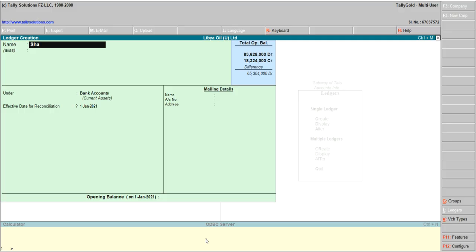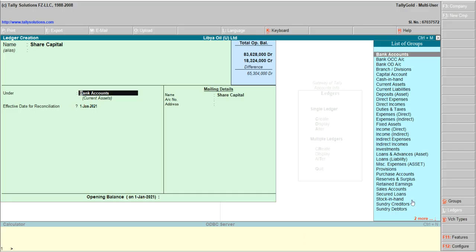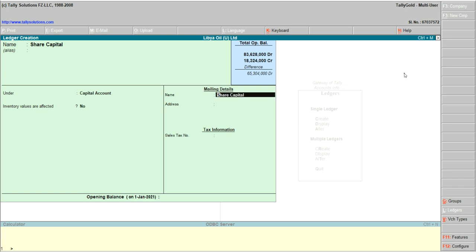Share capital. This is the capital account, so the capital account under the group. Check capital account, it's there. Revenues are not affected. No address for share capital. How much is the opening balance?